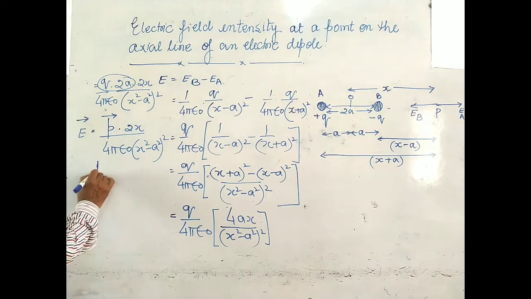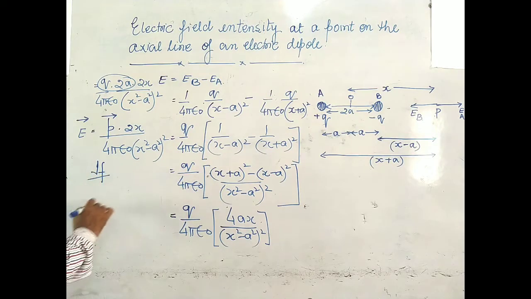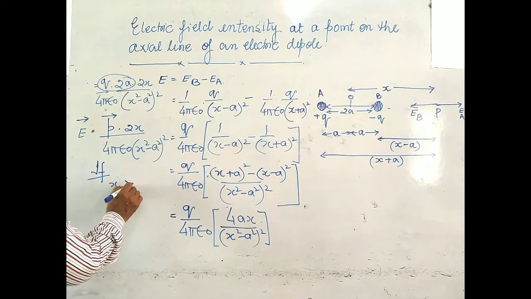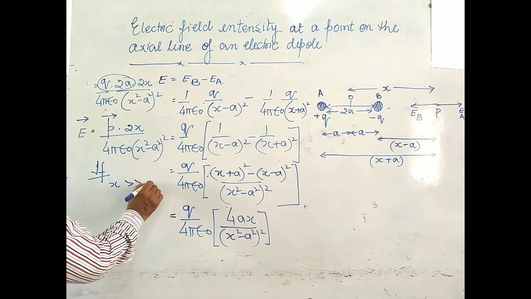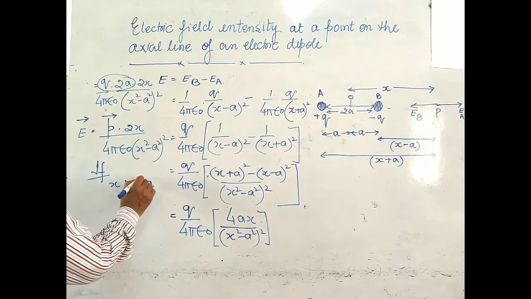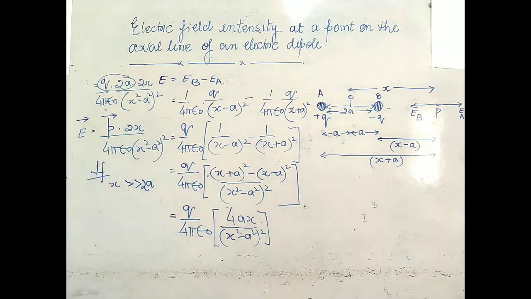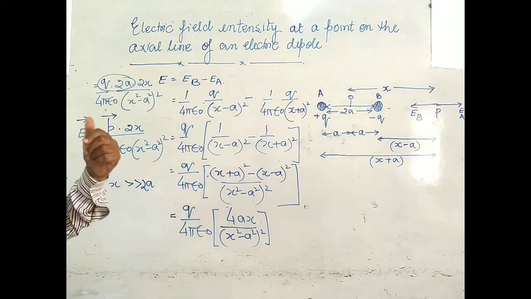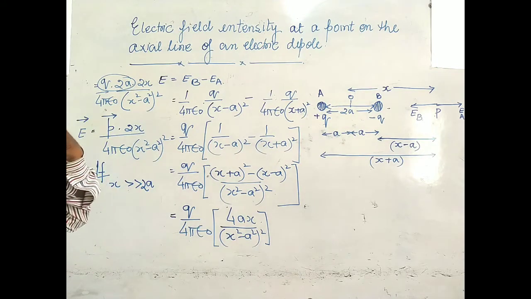If a condition is there, if x is much greater than a, or the dipole length 2a, that is, the point P where you want to find the net electric field is at a much bigger distance than the dipole length, then the 2a or the a is negligible.